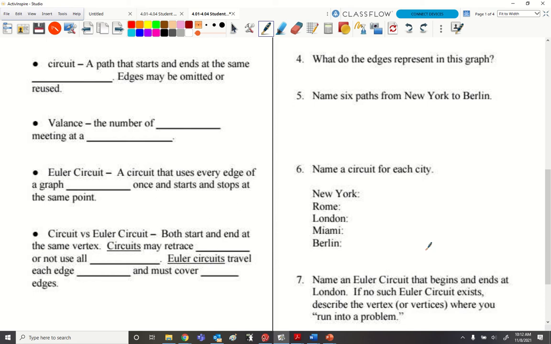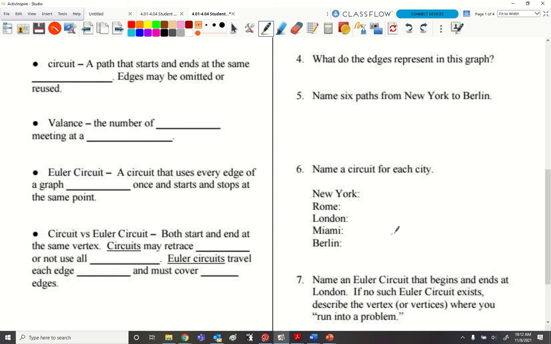Next one, circuit versus Euler circuit. Both start and end at the same vertex. Circuits may retrace edges or not use all. Euler circuits travel each edge and must cover all edges.